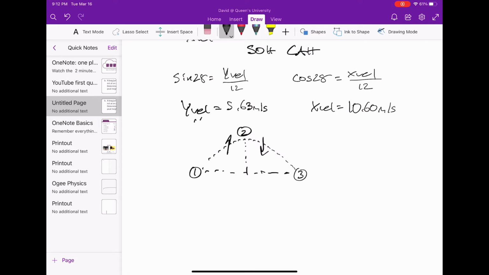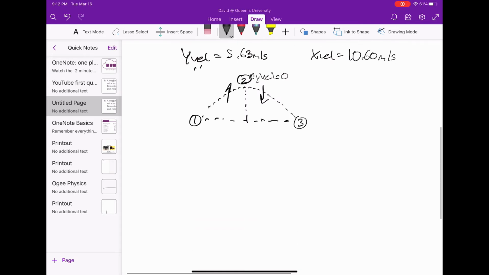We know that the actual y velocity at this exact point will equal 0 at point 2. So knowing that, we can use our equation v equals v naught plus at to find out the time of our halfway point here, which we can just multiply by 2 to get the time of the full jump.